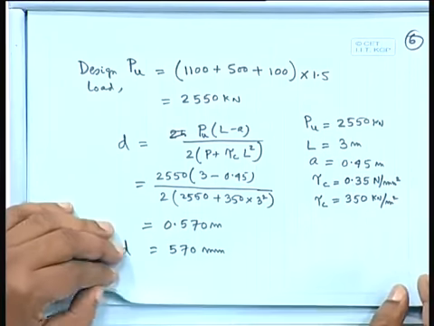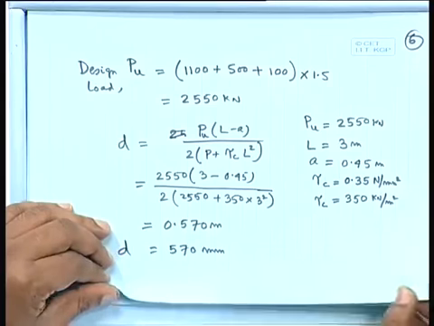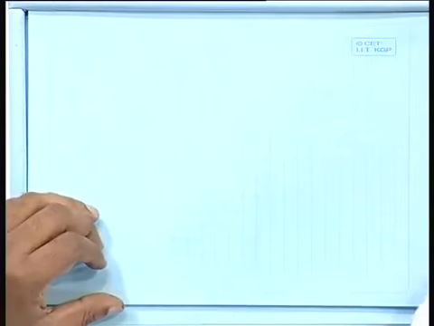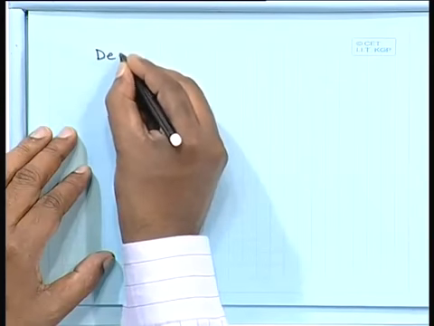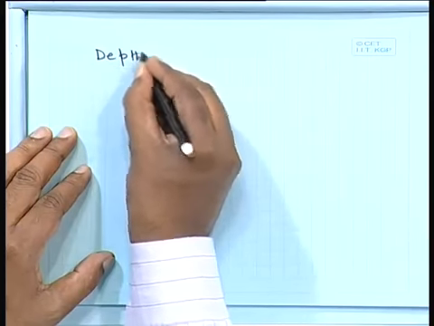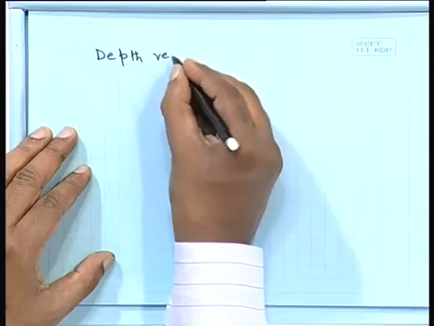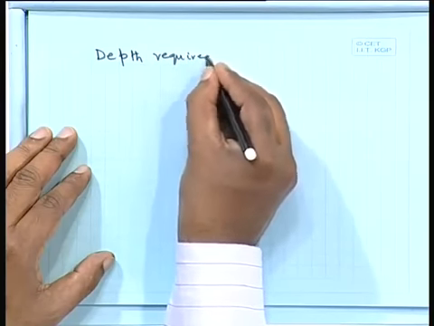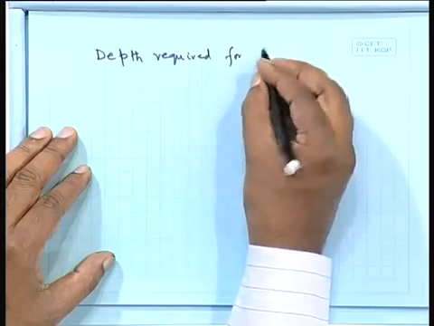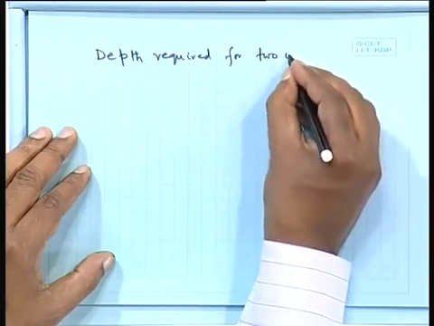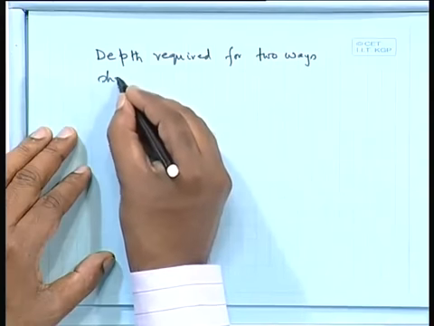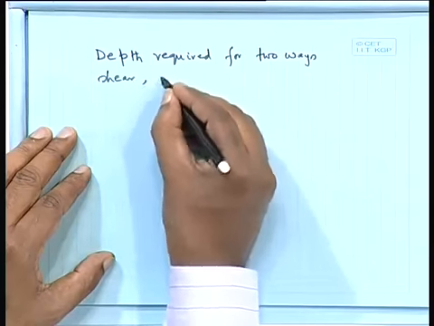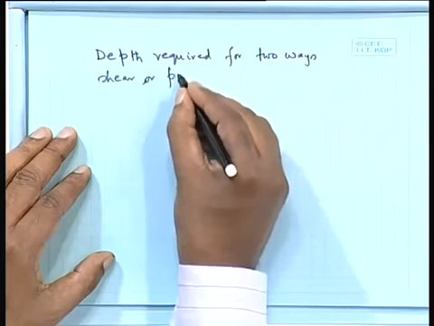Now we can check with the two-way shear. So the depth required for two-way shear, which we call punching shear.